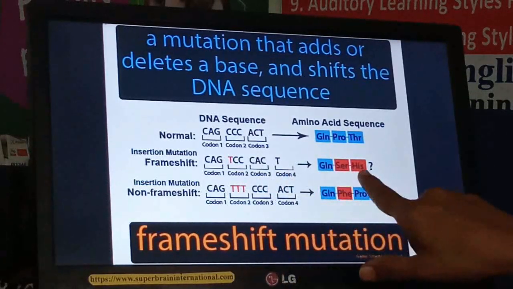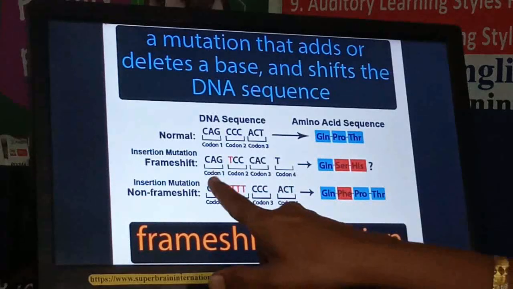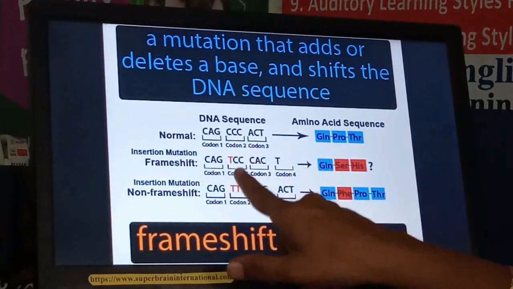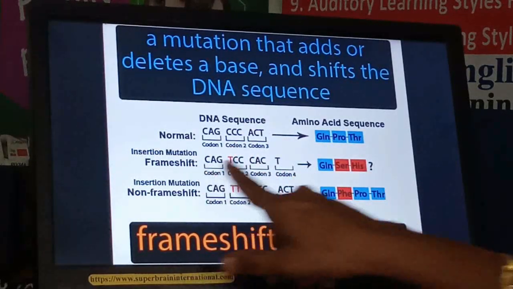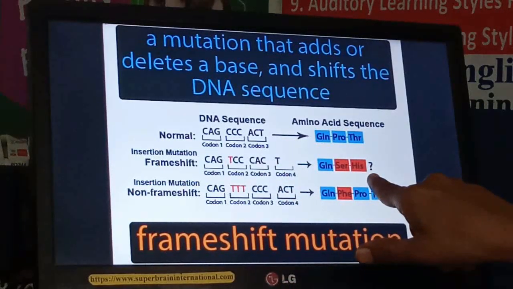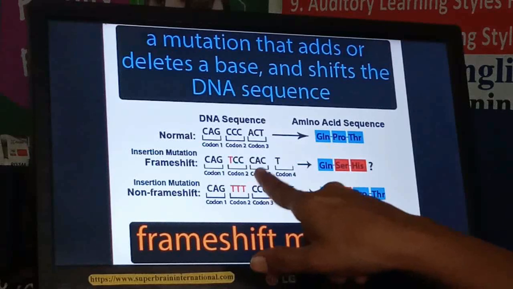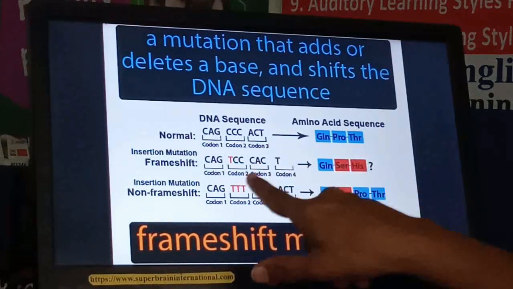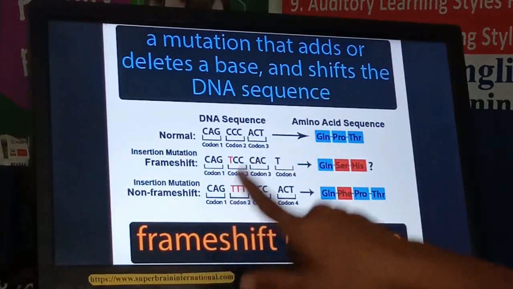Then the next codon forms histidine. So in this way, due to adding one base, all the sequence of amino acids will be changed. This change is called a frame shift mutation.